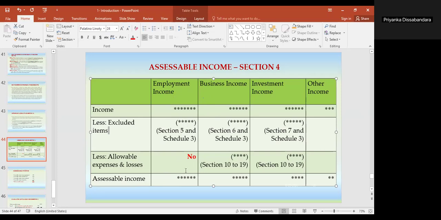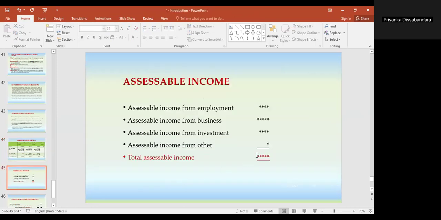We will study each source separately from after this session. Then we can calculate assessable income. After that, what we have to do, we have to aggregate total assessable income by aggregating assessable income from each source.